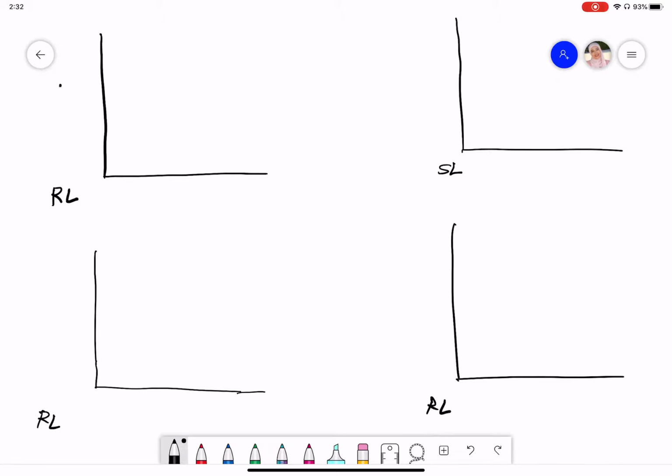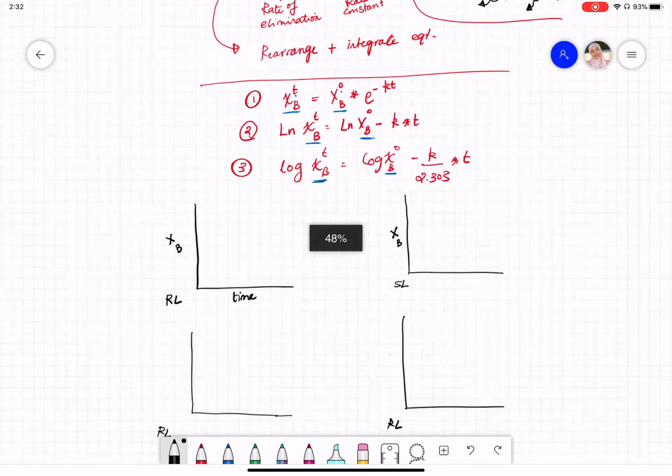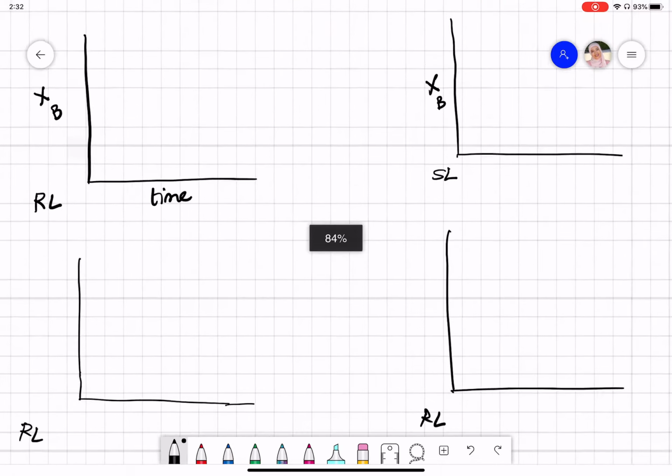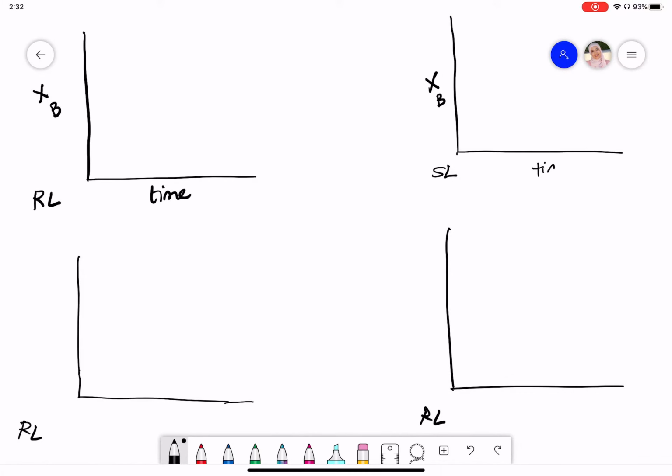Again, I will draw Xp versus time, log Xp versus time, and ln Xp versus time.